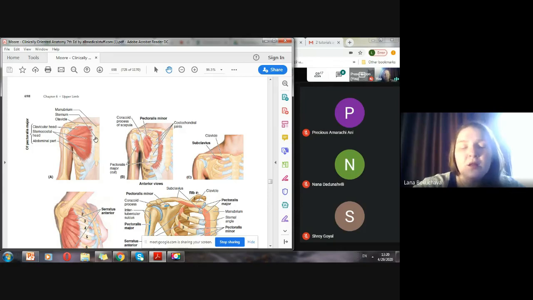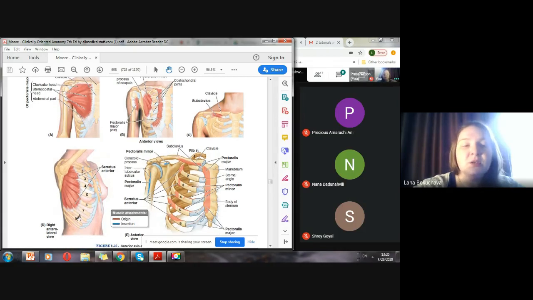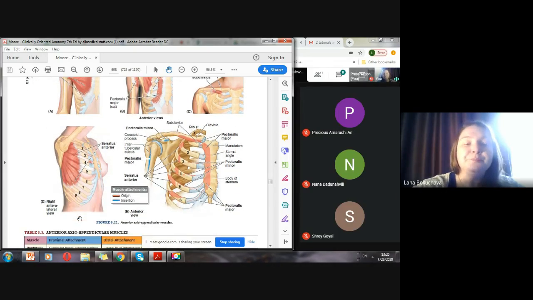If we compare the other muscles here, out of these four, two are really large muscles. So the first one was the pectoralis major, and one is, as you can see particularly here, the serratus anterior. If you remember, I explained the meaning of the Latin word serratus, particularly in the case of the muscles of the thorax.